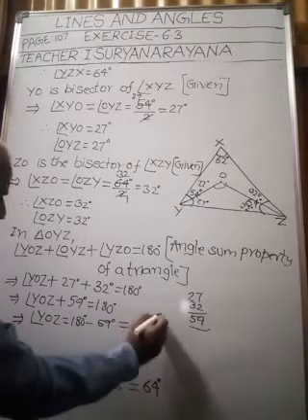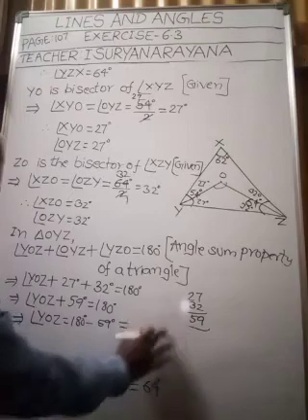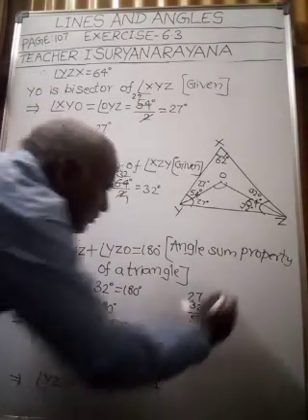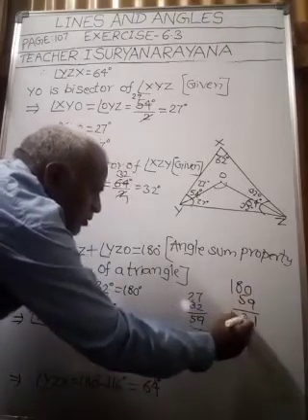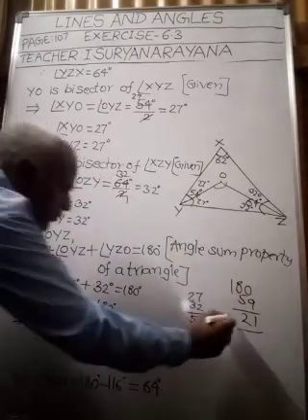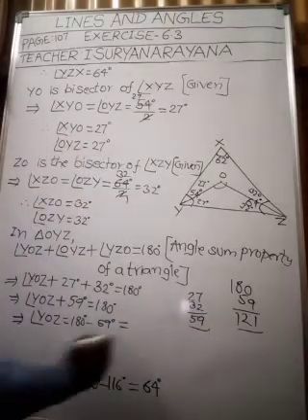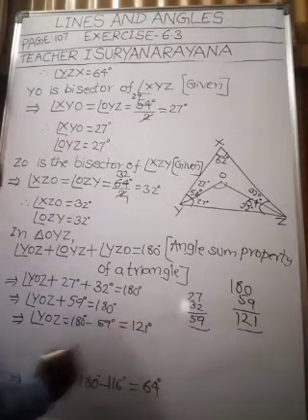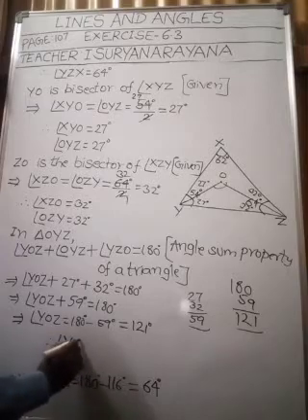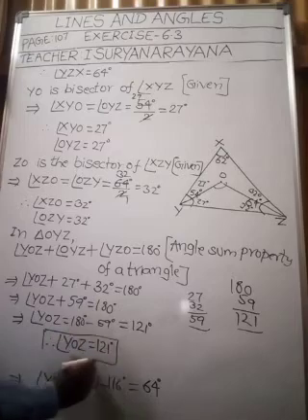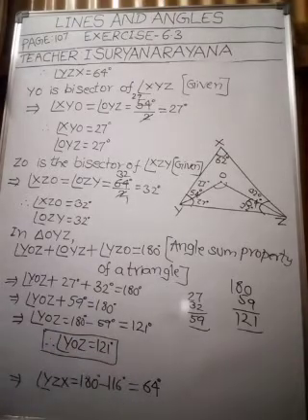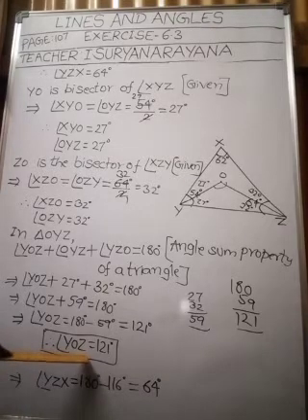That is equal to 180 minus 59, which is 121 degrees. Therefore, angle YOZ is equal to 121 degrees. Understood this step, my children? Right. Which is the required angle.